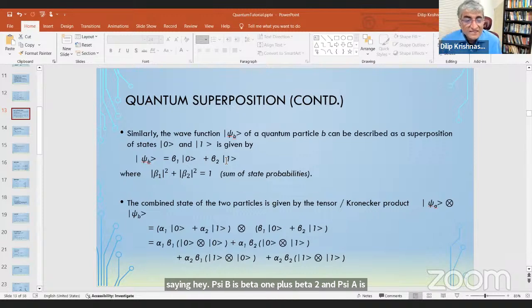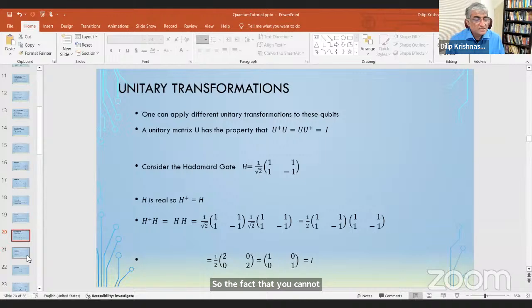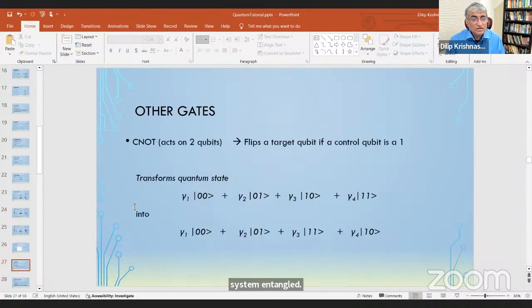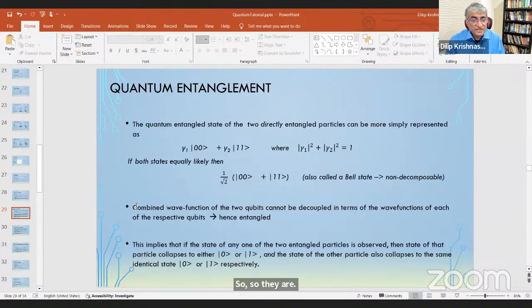So the fact that you cannot factorize it makes the system entangled. So they are dependent on each other.